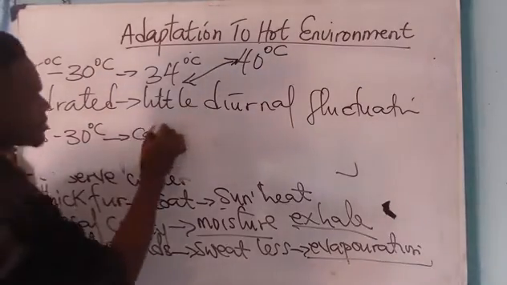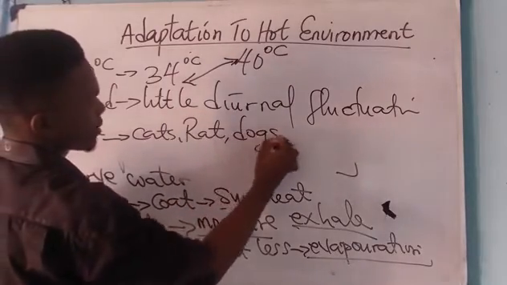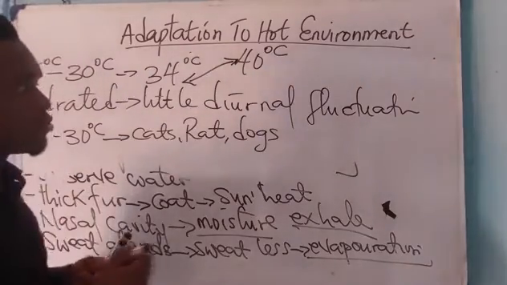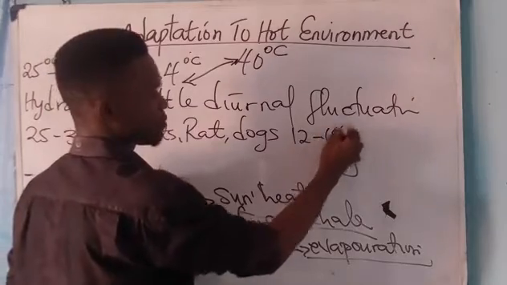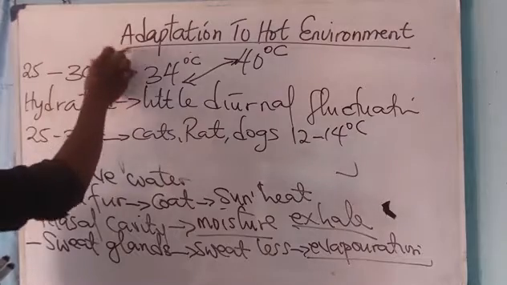But animals like cats, rats, dogs cannot withstand the temperature because they have loss of water between 12 and 14 percent. Not Celsius per se, percent.